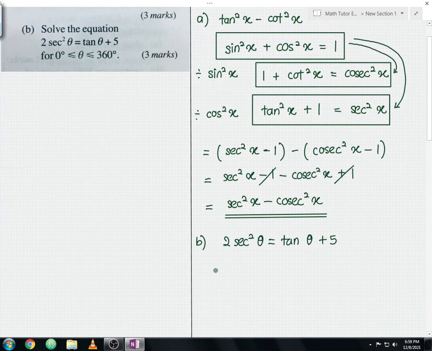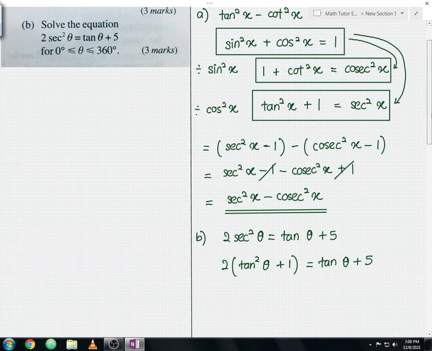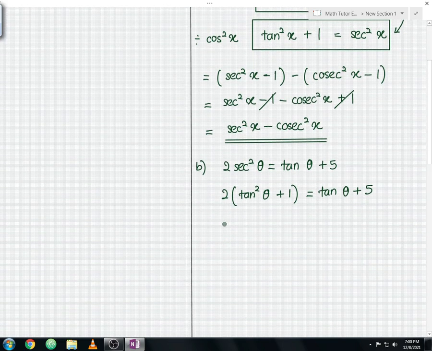So from here, 2 in a bracket tangent square theta plus 1 equals tangent theta plus 5. This 2 you can multiply in. So from here you should get 2 tangent square theta plus 2 equals tangent theta plus 5.